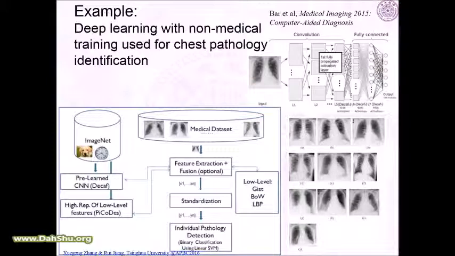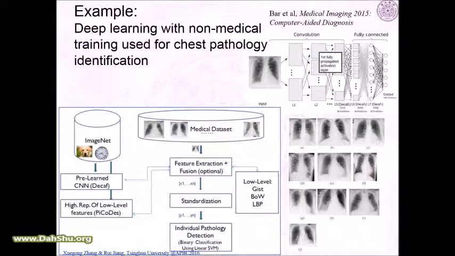This is the medical image data, and what they did in their experiment is they built this convolutional neural network and trained this network with the ImageNet data. ImageNet is a public database of animals, natural pictures, and objects, so non-medical images.